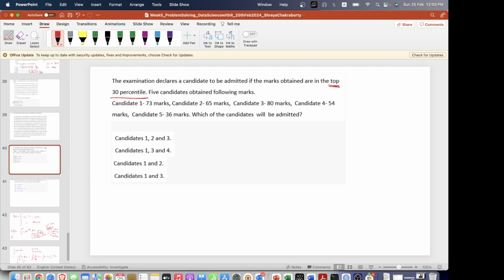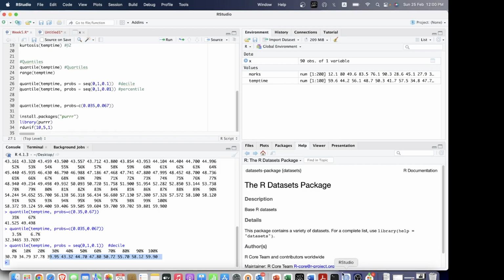So top 30 percentile is equivalent to 70th percentile. Then we have to find out the marks where the 70th percentile lies. I already have loaded this marks data.